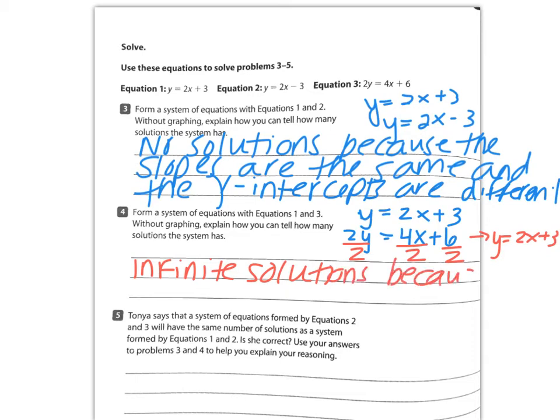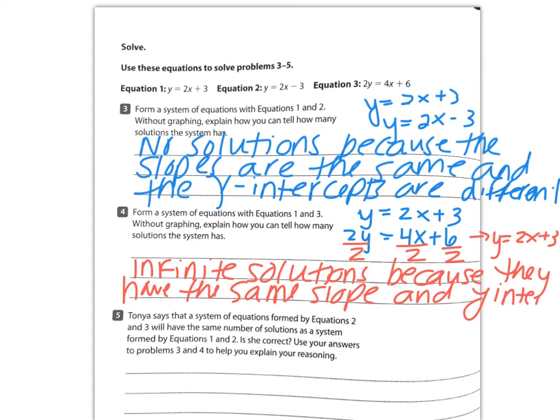Because they have the same slope and y-intercept. Tanya says that the system of equations formed by 2 and 3 and by 1 and 2 will have the same number of solutions.